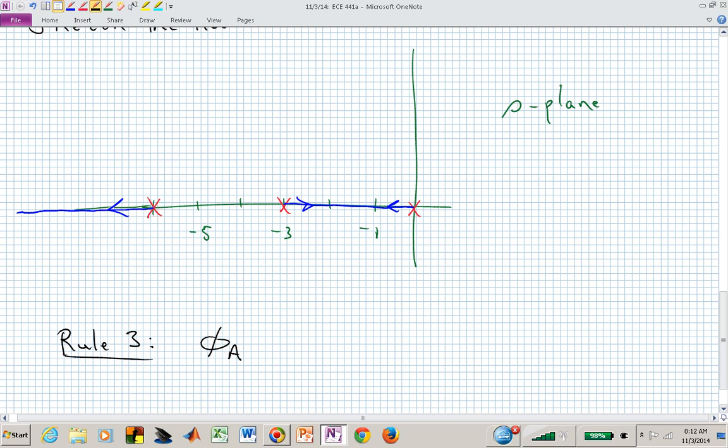What's our pole-zero excess? How many more poles do we have than zeros? 3. That's the key number, isn't it?